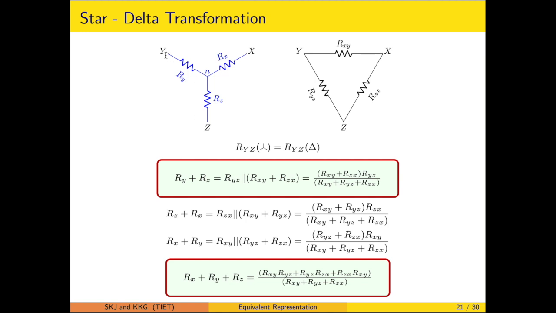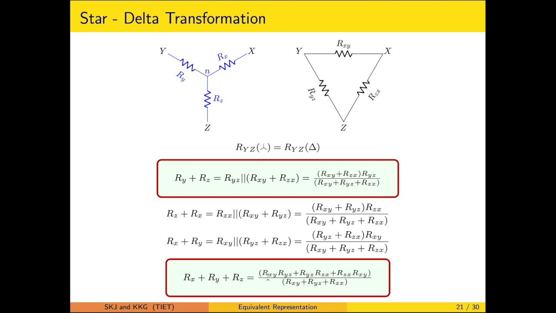Here we considered earlier YZ, so now ZX and then XY are the two terminals, and you have obtained the three such equations 1, 2 and 3. When you add these three equations and divide by 2, you will end up with Rx plus Ry plus Rz on the left hand side.